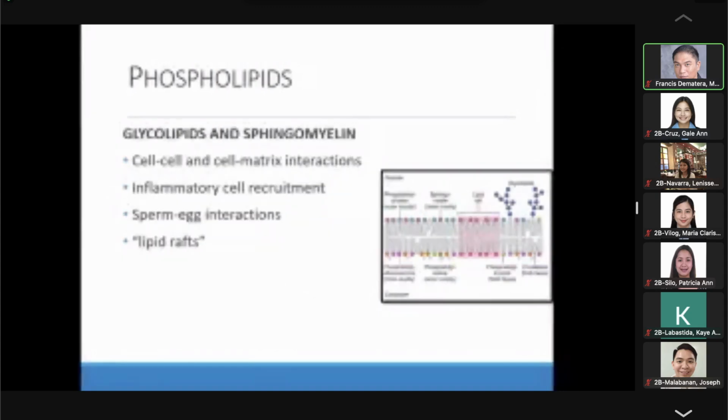Glycolipids and sphingomyelin are preferentially located outside of the membrane. They support charge-based interactions that contribute to inflammatory cell recruitment and sperm egg fusion. And lipid rafts, these are enriched with glycosphingolipids and cholesterol, and they are areas that enhance interactions with the plasma membrane.